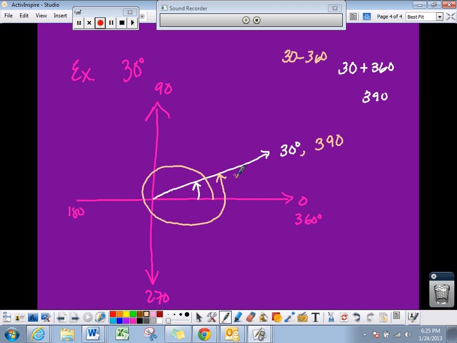So now I can't go this way because I'm talking about the negative. So I'm still starting here. Uh-oh, let me change the color. And now I'm going to go this way. This is still my initial side, but I went clockwise. So 360 minus 30 is 330, but remember it's negative, so it has to be negative 330. So all three of these are called coterminal angles to 30 degrees. Pretty simple enough. Again, you're just wrapping.